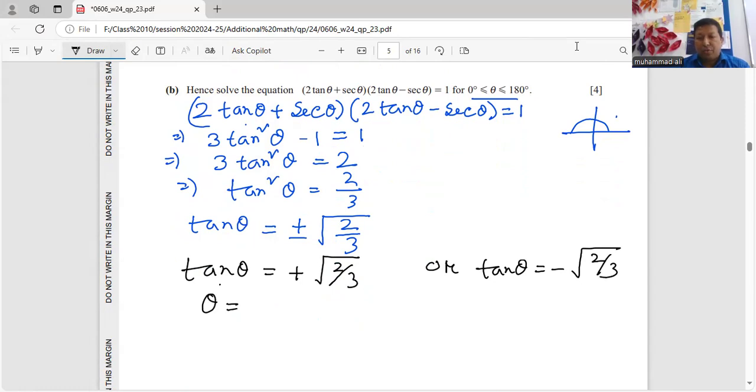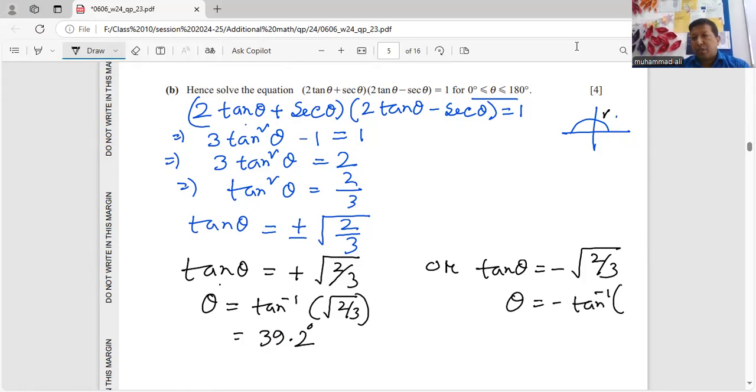So theta equals tan inverse root of 2 by 3, which will be 39.2, and this result is obviously in the first quadrant. Now from here we get theta equals minus tan inverse root of 2 by 3, so we get minus 39.2 degrees.